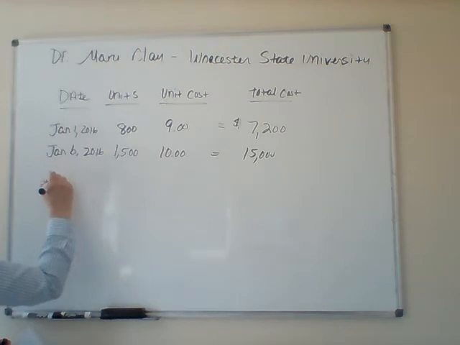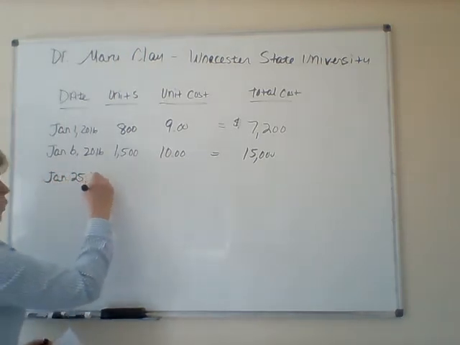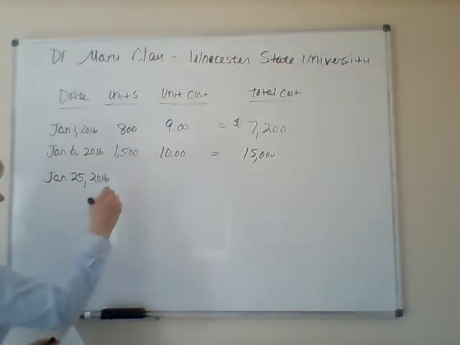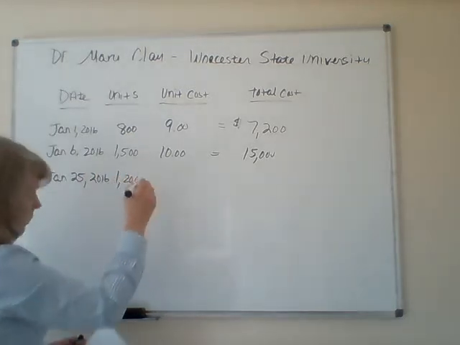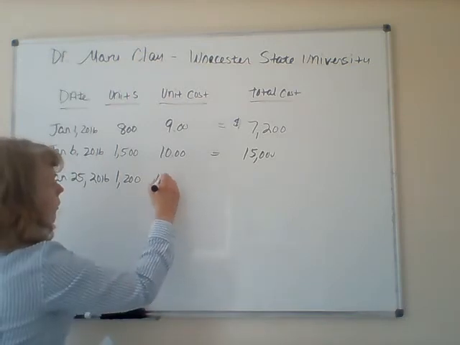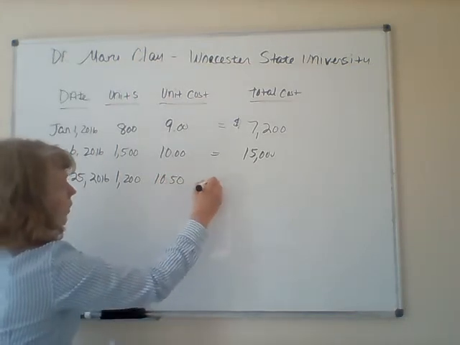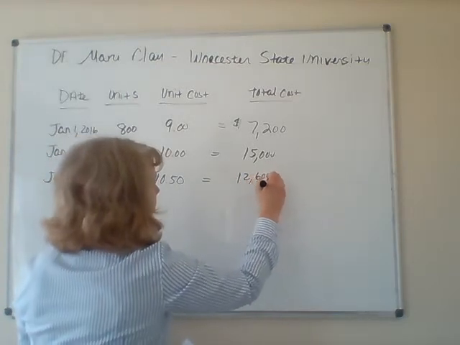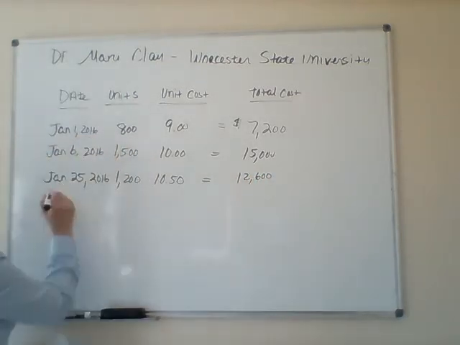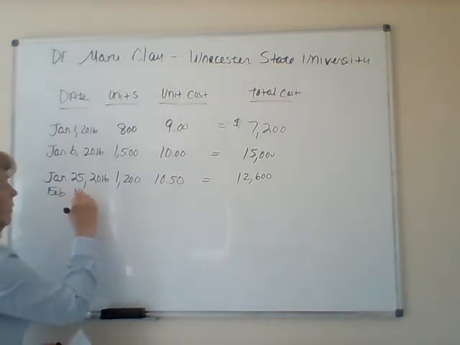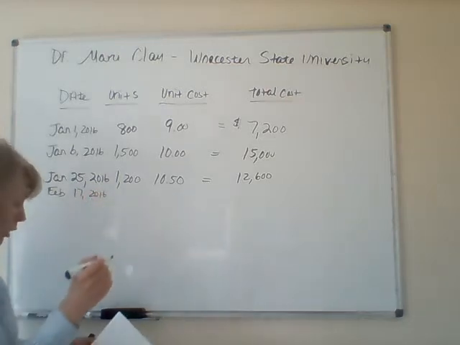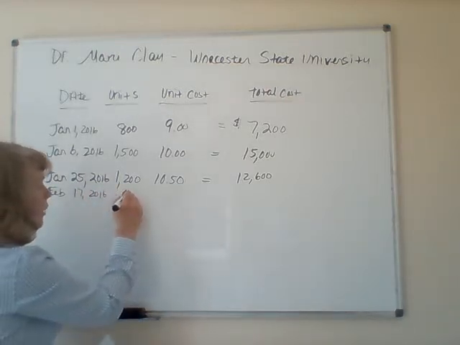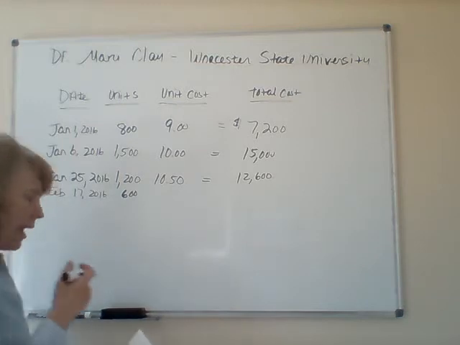All right, January 25th, next layer. So work with me, okay? 1,200. Then you've got $10.50. You multiply it across. That gives you 12,600. Next, we got February 17th, 2016. How many units? 600 at $11.